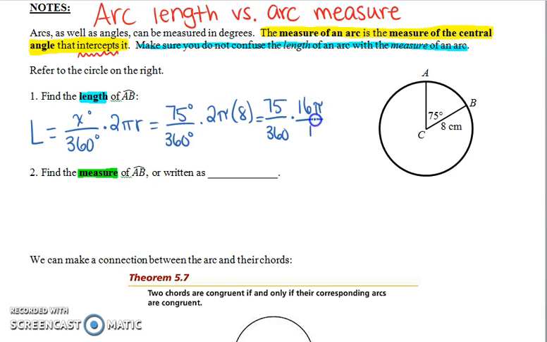And I'm going to write that over 1 so that I have two different fractions that I can just multiply across. So why don't you take a few seconds to make sure you have that written down.